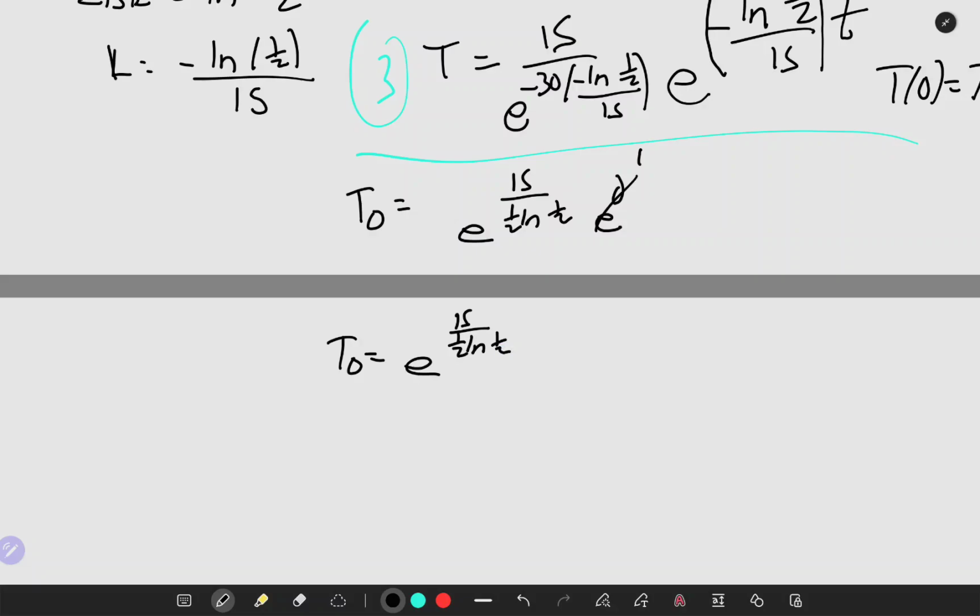So let me get my calculator. If I plug this into my calculator, we have e to the 15 over 1/2 natural log of 1/2. Something's not right here. Hold on. What did I do wrong? Oh, 30 over 15 is not 1/2, it's 2.